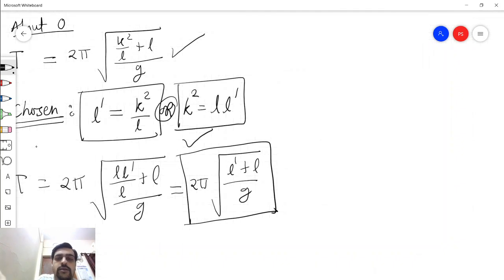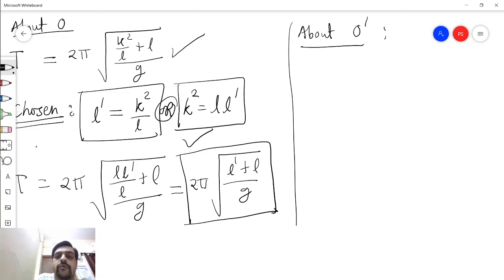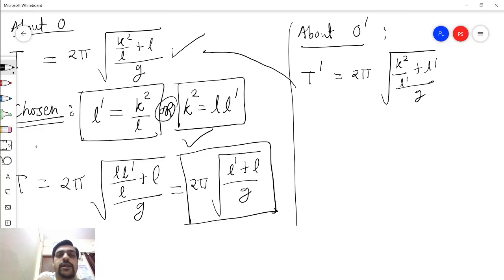Okay. Now we will try to find out the time period about point O dash. So we will call it T dash. T dash will be just 2π under root (k squared by L dash plus L dash by g). So this is equivalent to the previous formula. The only change is that we are replacing T by T dash, L by L dash, because this new time period is about point O dash.